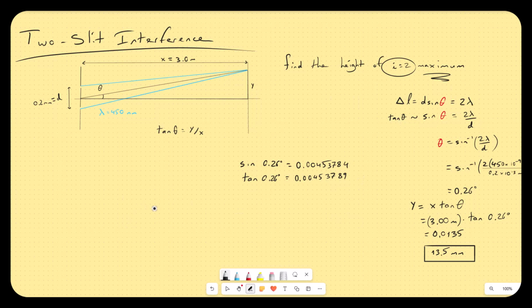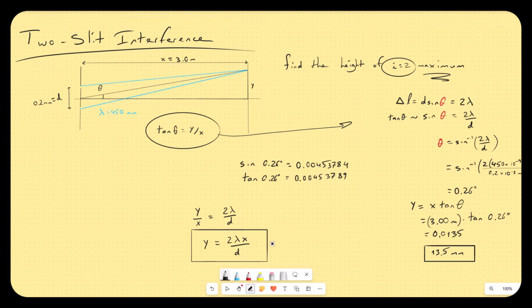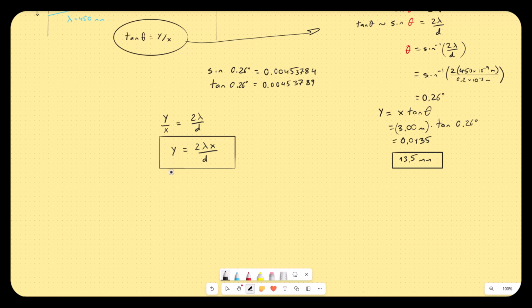So then I could solve this problem because tangent of theta is y over x. I could say y over x is pretty much 2 lambda over d, so y is 2 lambda x over d. And I don't have to worry about inverse trig functions, and I don't have to worry about trig functions. That's going to work out just fine. I can show you though, just in case.